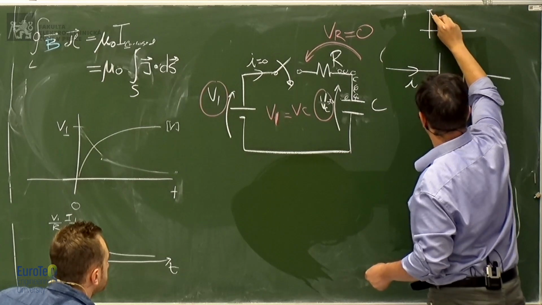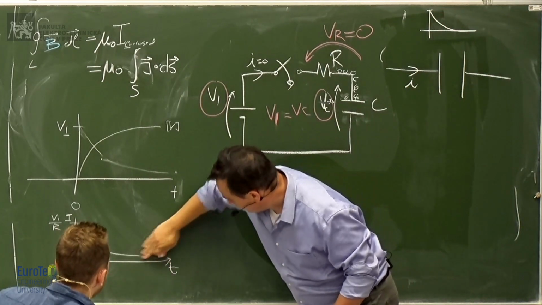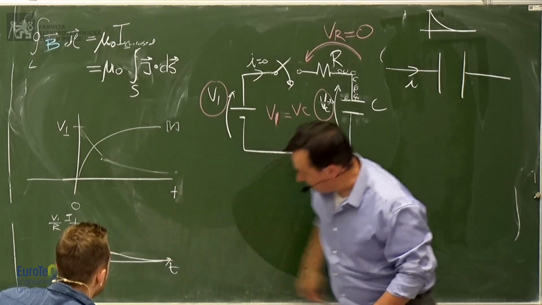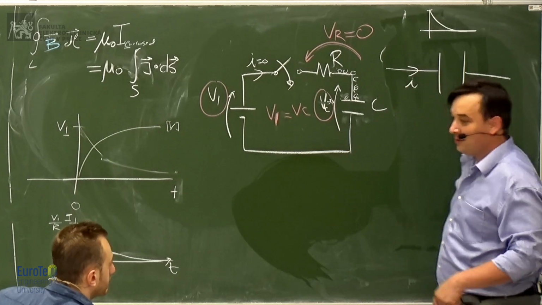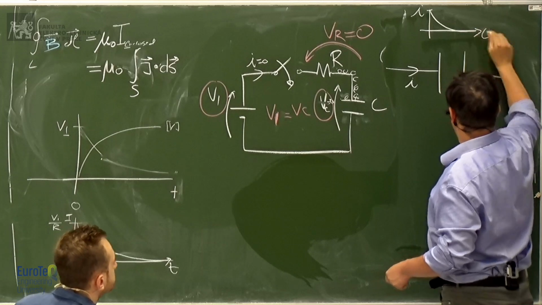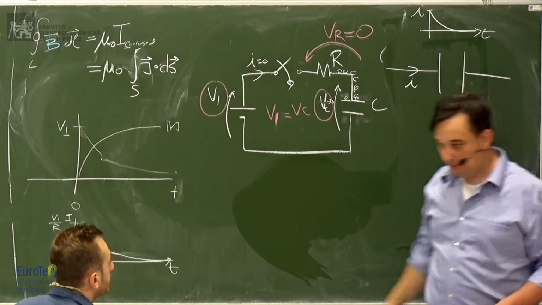It starts from here and it drops down. Now here, you said it doesn't really go to 0. Yes, but okay, we can approximate that if you wait for infinity, it will go to 0. Okay. So this is the current, this is the time. Okay. Let's keep this situation, okay?